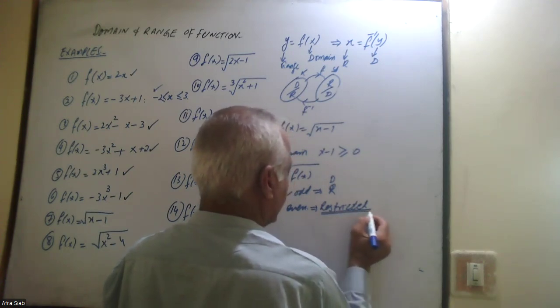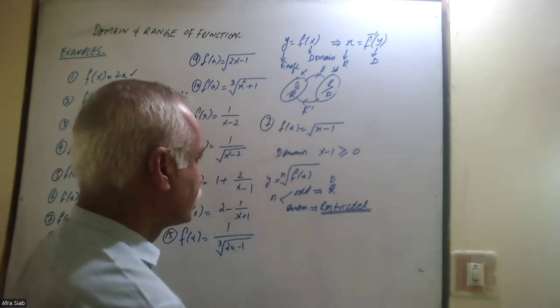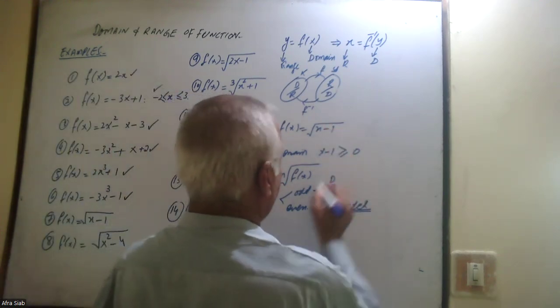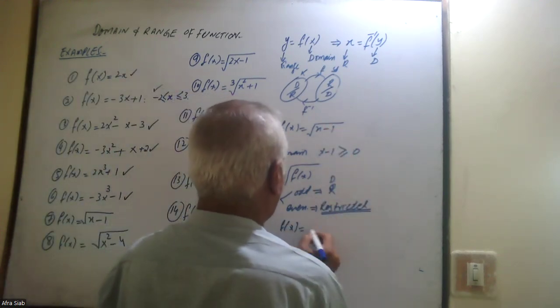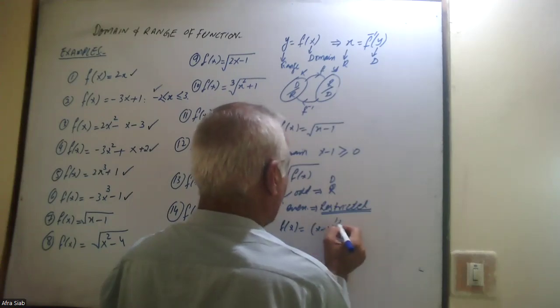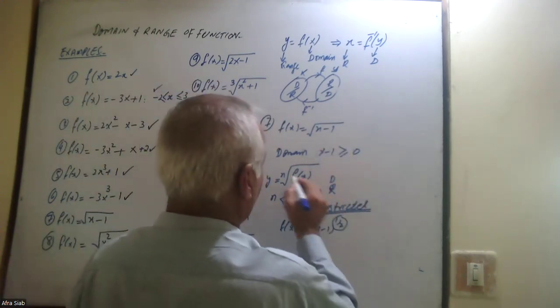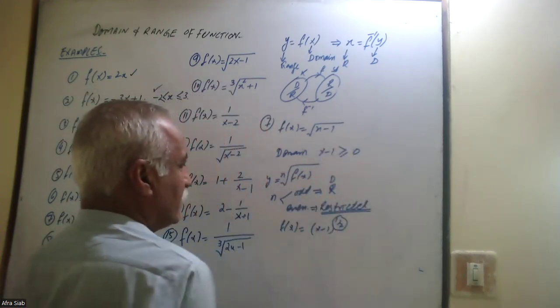We get the values of this domain there. So this is x minus 1 power 1 over 2, so n is here an even number.